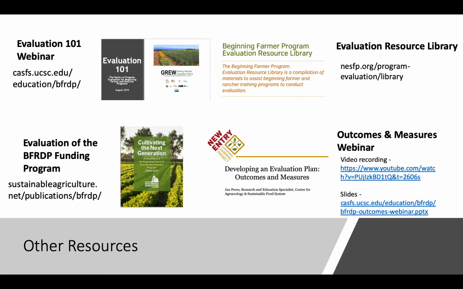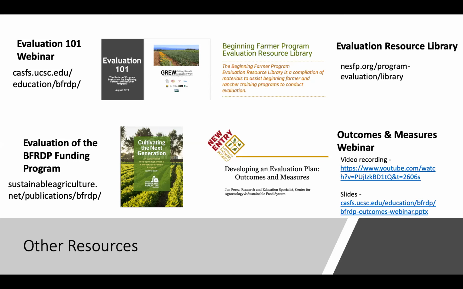We also, as part of the group project, have an evaluation resource library, and that's a place where you can go and find all kinds of stuff. There've been so many tools created for evaluation that we didn't really want to recreate all that, and instead I think we shared a somewhat overwhelming amount of resources that are available.